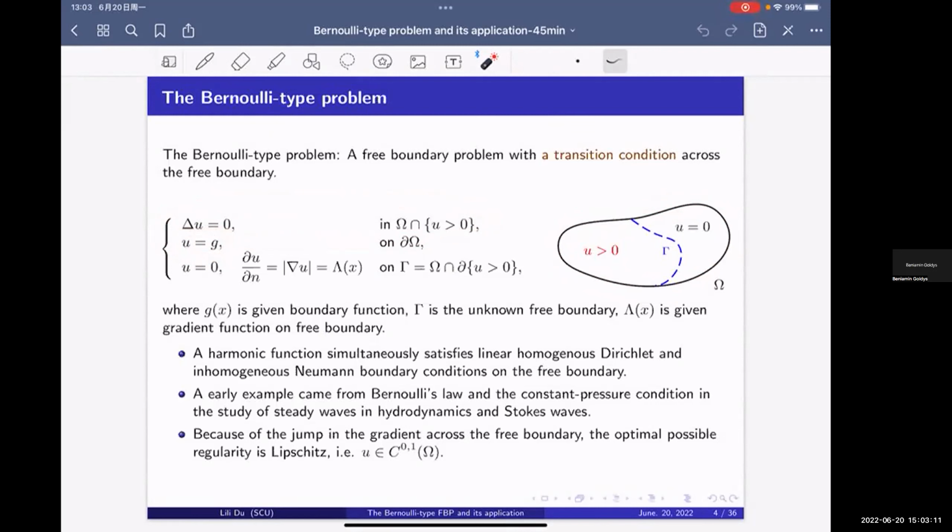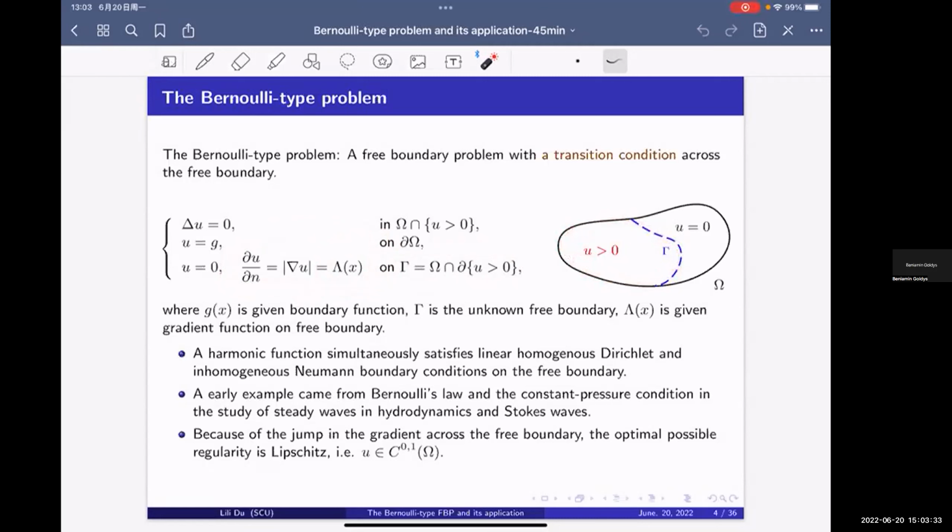And on the free boundary gamma, we give the gradient of u. Lambda(x) is a given smooth function. Gamma is defined as the boundary of the positive set.